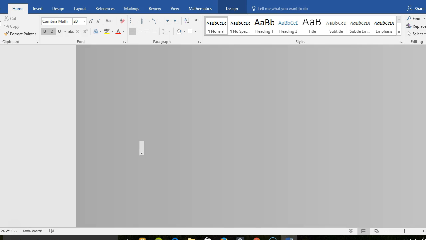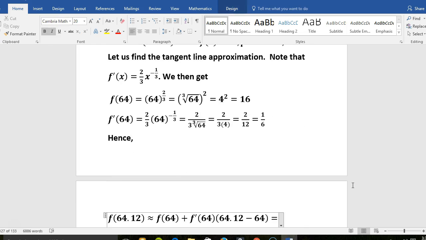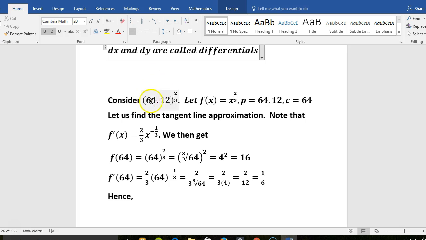So let's scroll down here. Now consider this, which would be a hard guy to do by hand: 64.12 raised to the power of 2/3. Here's the function that's begging to be called upon: x to the 2/3, because our number's been raised to the 2/3. We're going to replace our 64.12 with the letter x, and consider f of x equals x to the 2/3.